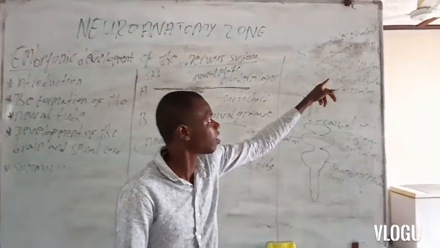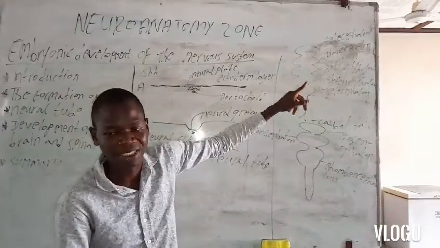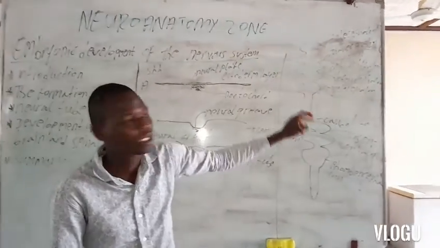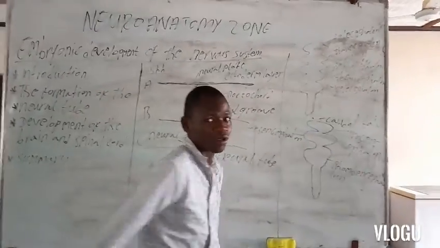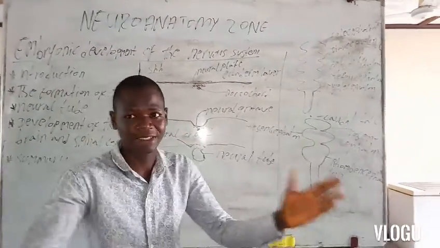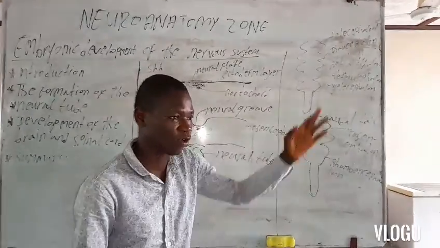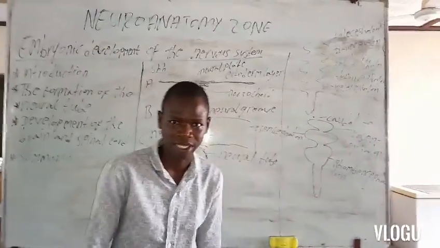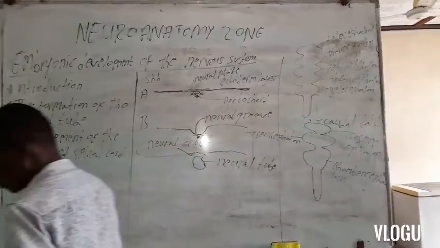The vesicle of the mesencephalon becomes the cerebral aqueduct of Sylvius, which will connect the third ventricle to the fourth ventricle, and then the vesicle of the rhombencephalon will form the fourth ventricle. Okay, and what these ventricles do is that they produce and direct the flow of cerebrospinal fluid. Okay, right. So that is that for embryonic development of the brain.